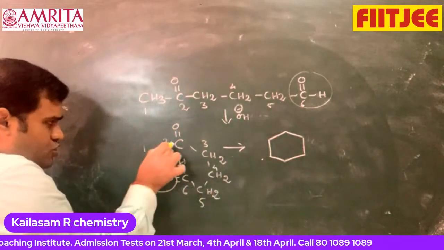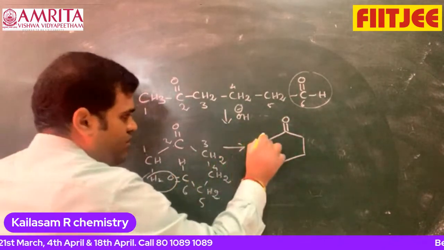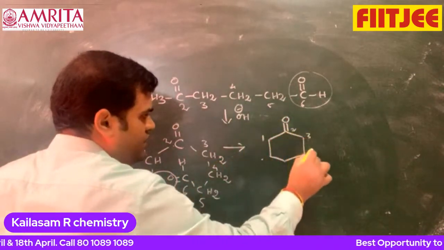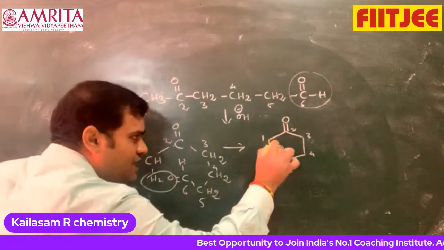Now 1, 2, double bond O. Now 1 and 6: between 1 and 6 a double bond is formed.